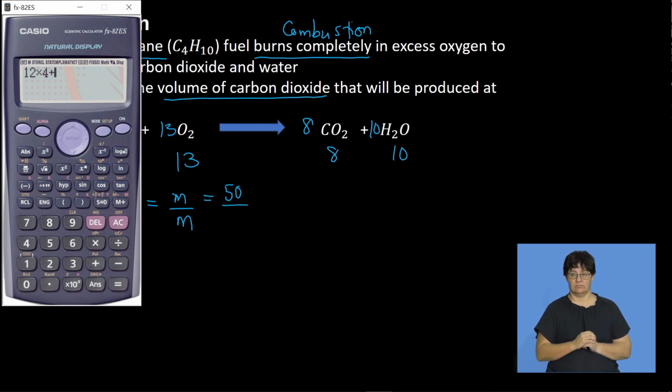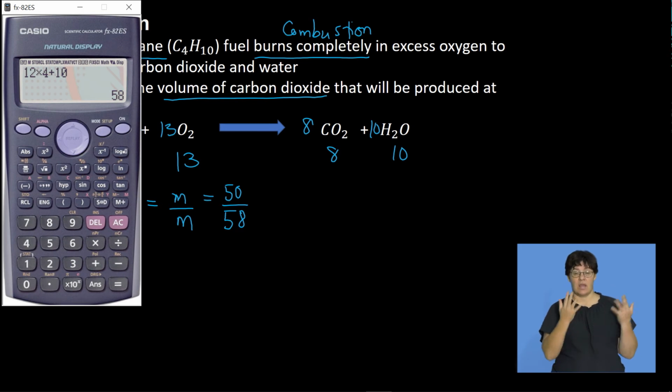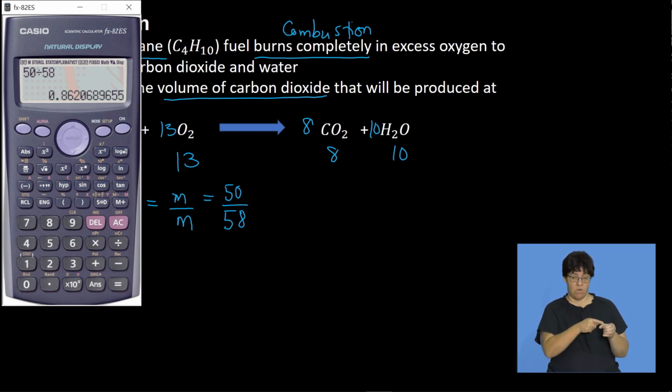That gives us a value of 58, which is 58 grams per mole, right? So if we calculate the moles that are present there, it's going to be 50 divided by 58. So in a 50 gram sample of butane, we've got 0.86 moles, right?